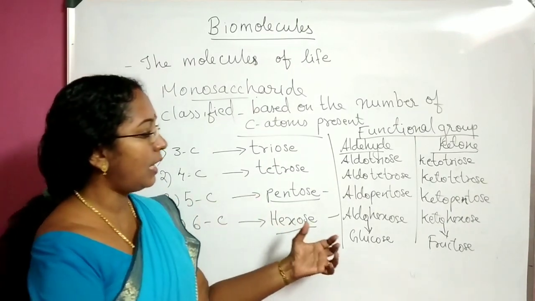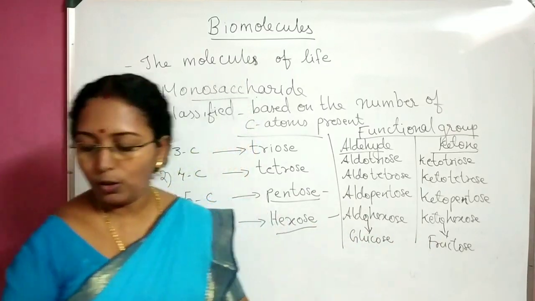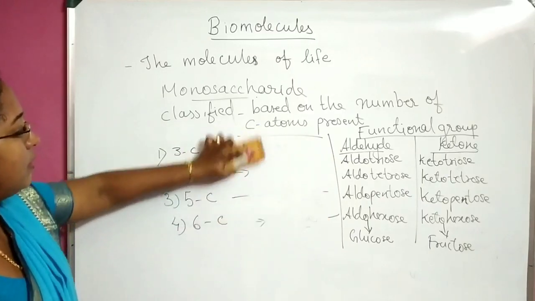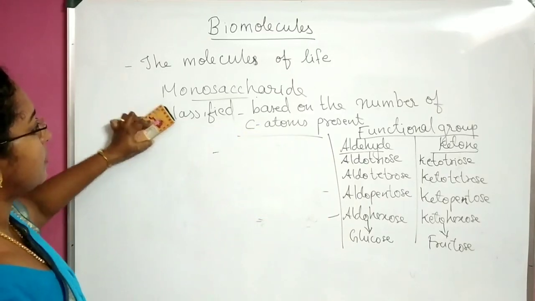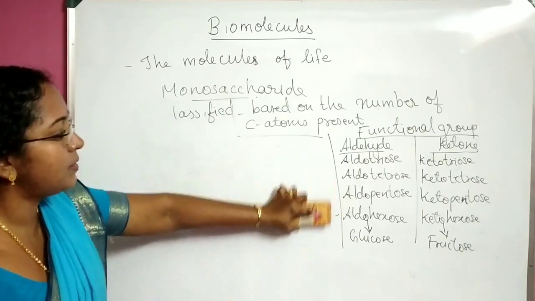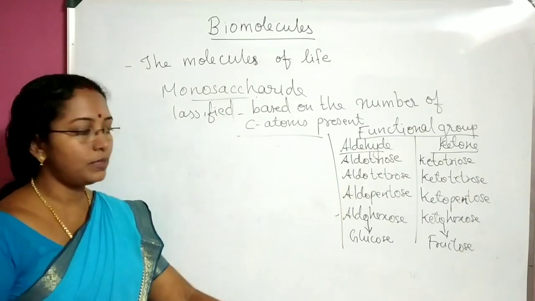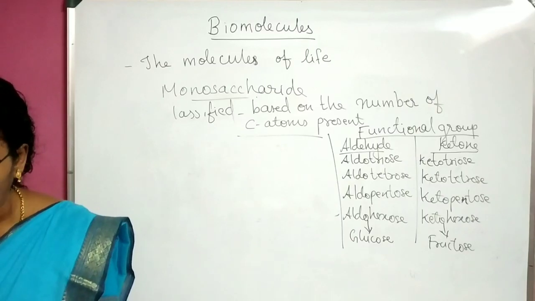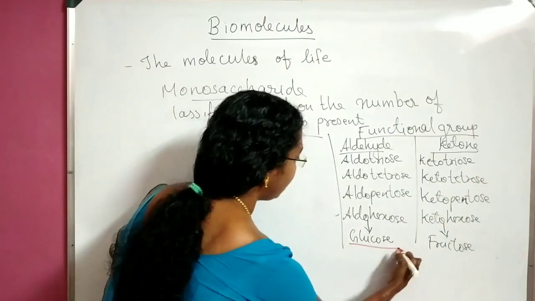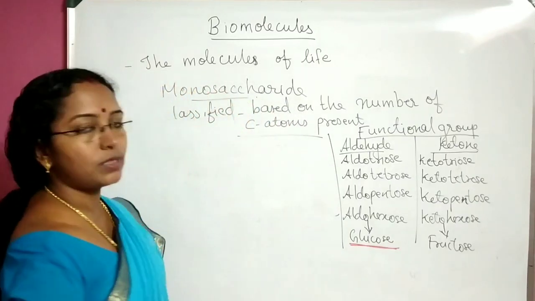Now keeping this idea in mind, aldohexose, let us draw the structure of glucose. So the classification based on the number of carbon atoms present and the functional group present, I have told you. Now we are concentrating our attention on the structure of glucose.